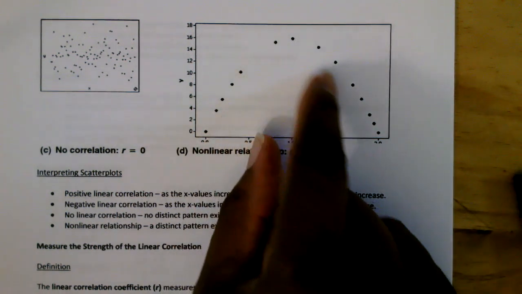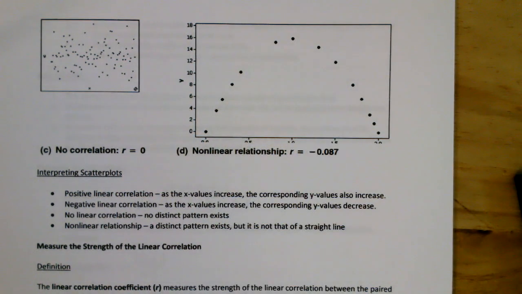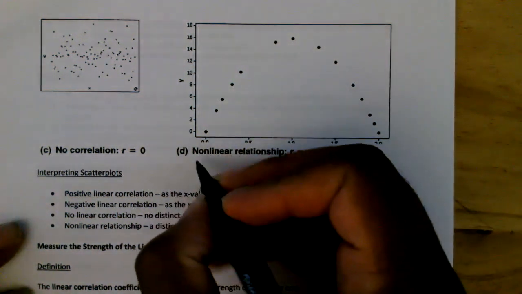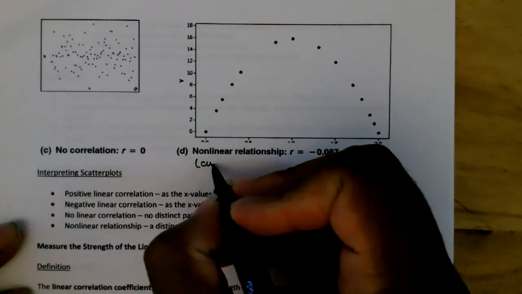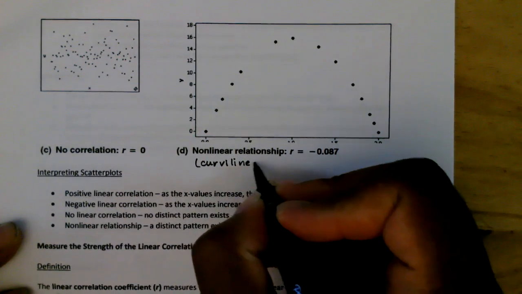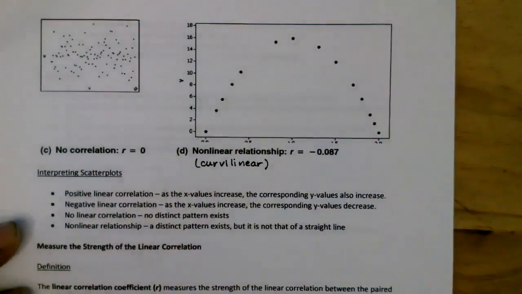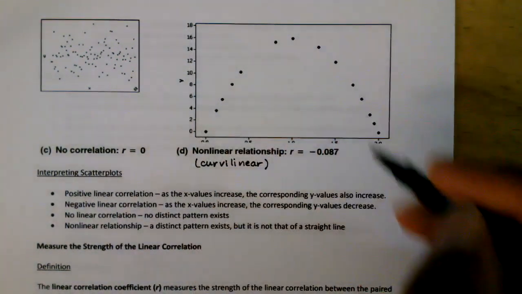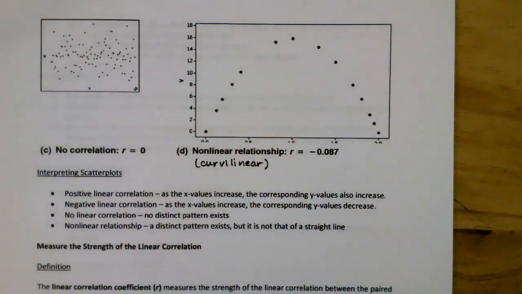And some textbooks call this a curvilinear relationship, because the points form a curve, but it doesn't form a straight line pattern. Okay.